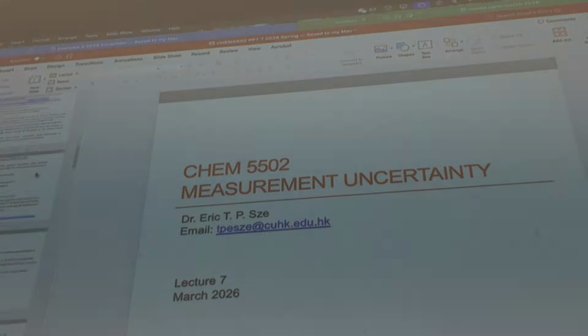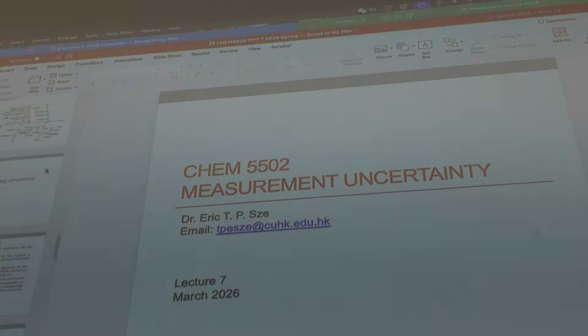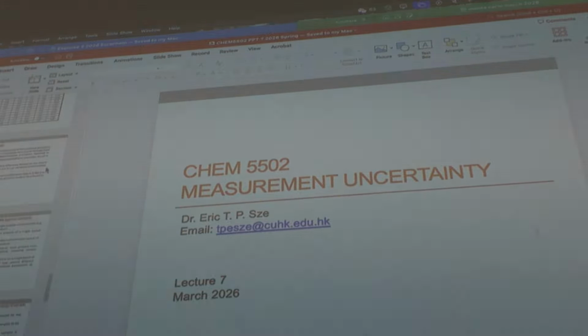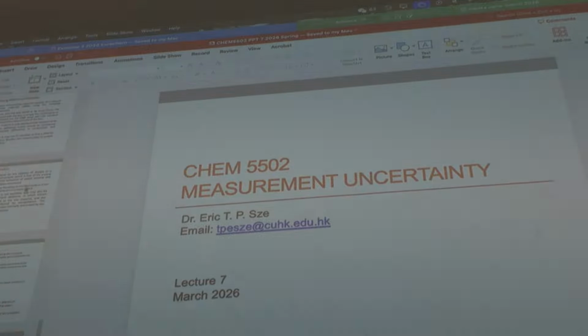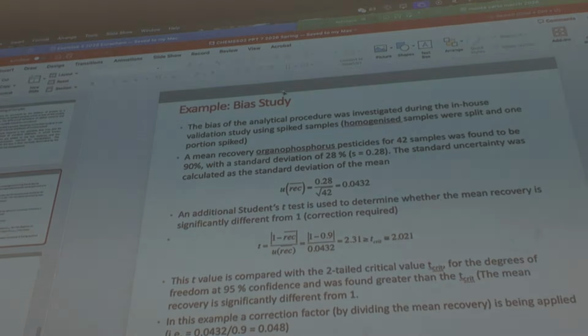Okay, you can take a look at these equations.